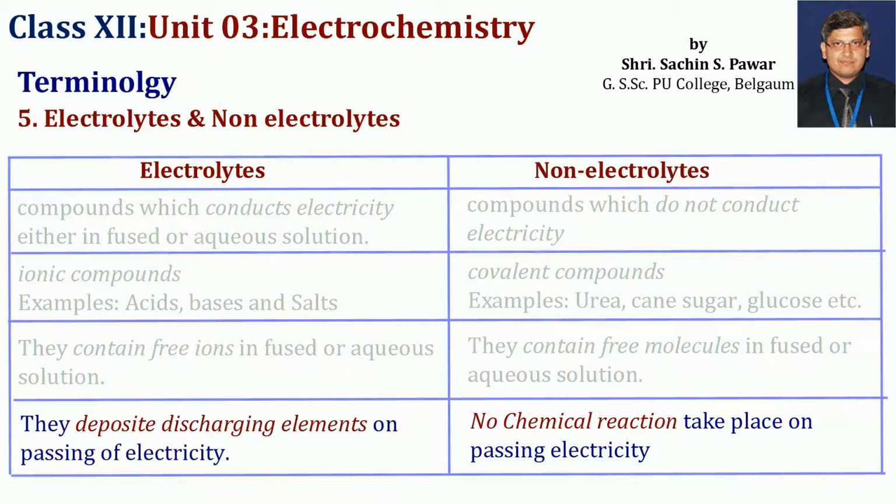Thus, in general, when electricity is passed through the fused or aqueous state of electrolyte, it deposits discharging elements. As we have seen in the example, sodium and chlorine are discharging elements. However, no chemical reaction occurs when you pass electricity through the non-electrolytes.